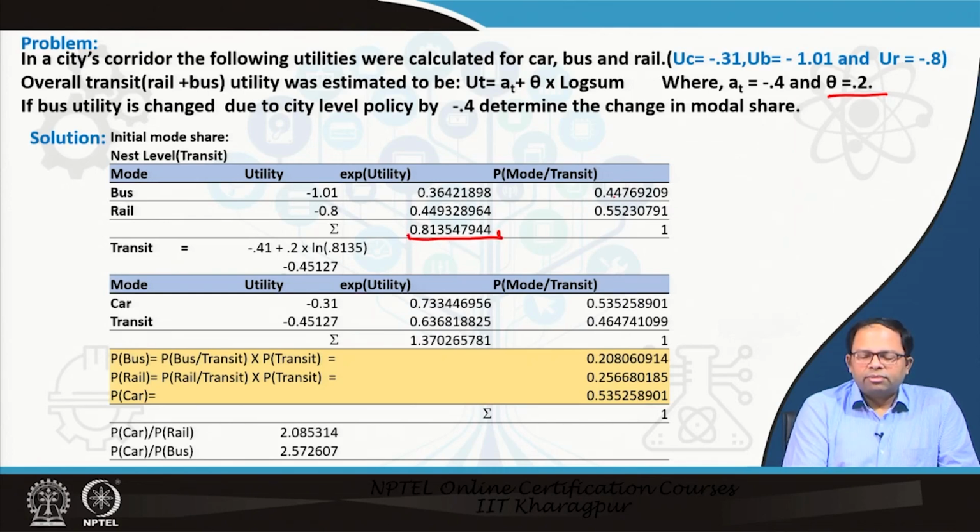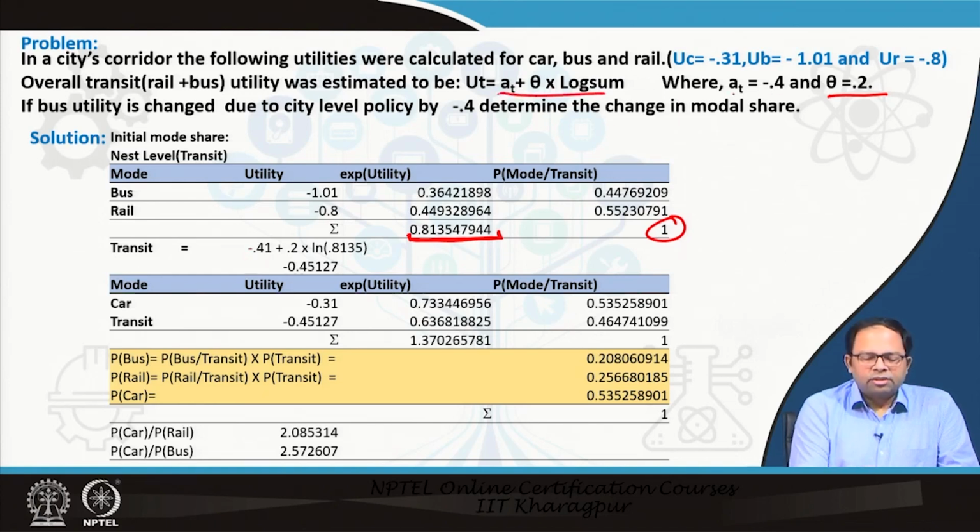So, the probability of bus is bus divided by the sum of both bus and rail, which gives us 0.44 and 0.55, and this total is equal to 1. So, this is where we are estimating the probability of the lower level nest given it is part of transit.